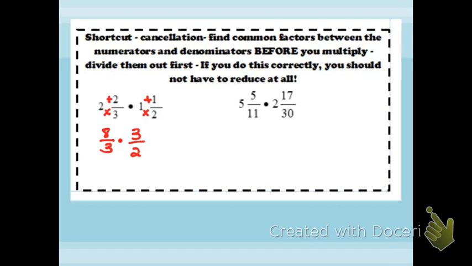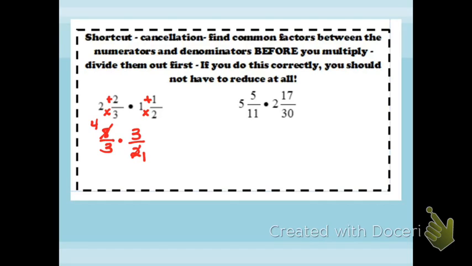So do you see any common factors between the top and the bottom? Sadie? Okay, 8 and 2 both have a common factor of what? 2. So if we divided 8 by 2, we would get 4. So let's go ahead and divide 8 by 2 and we'll get 4. And if we divide 2 by 2, we'll get 1.